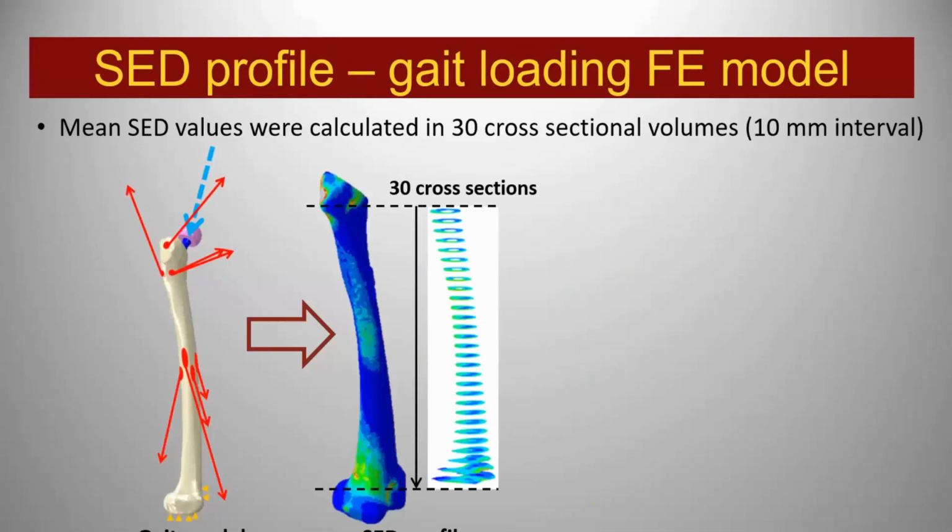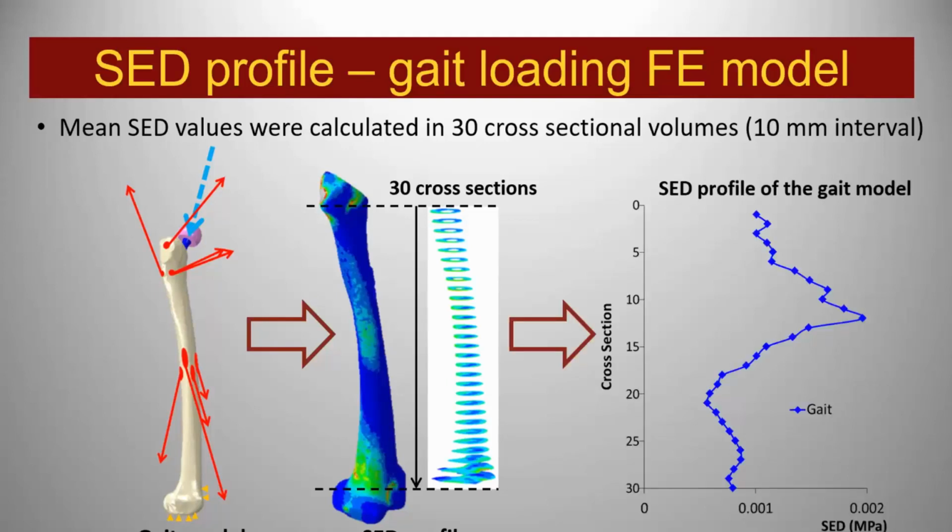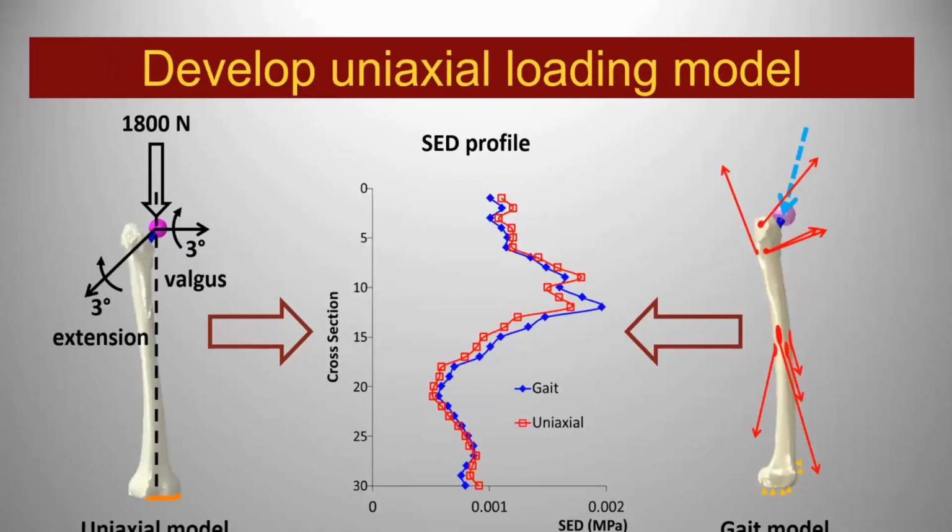The boundary conditions of the gait loading model are shown on the left, and the mean strain energy density values were calculated in 30 cross-sectional volumes in 10 millimeter intervals along the diaphysis of the femur. This was described as the SED profile of the finite element model under the gait loading condition, whereas the uniaxial loading model was developed to match the SED profile of the gait loading model.